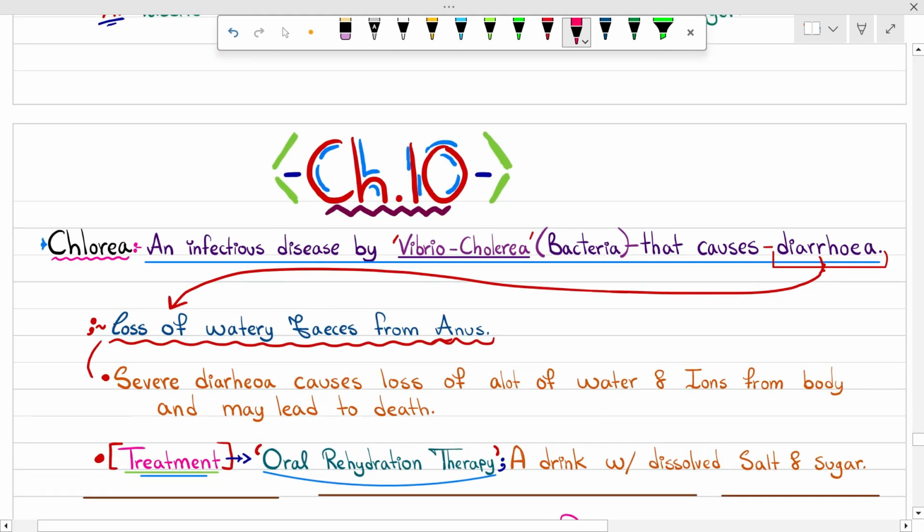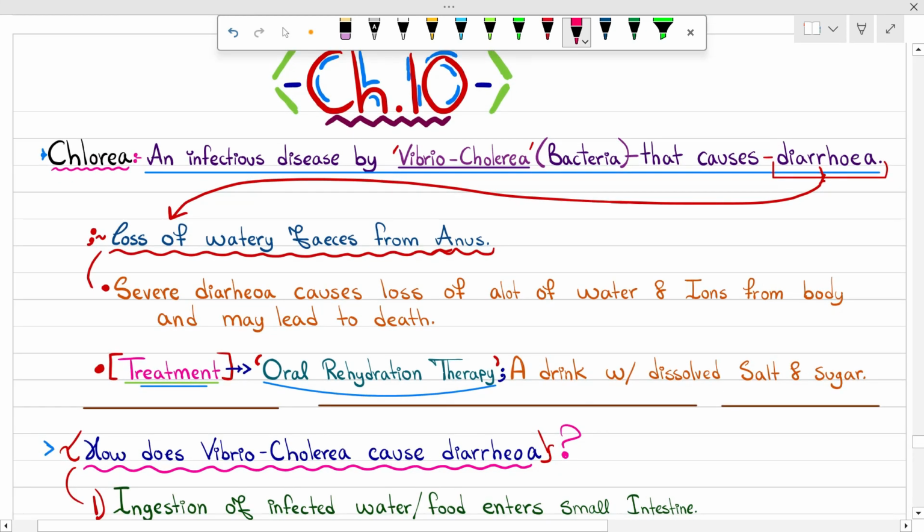That was all for active and passive immunity. The last part in this chapter is cholera. Cholera is an infectious disease that is caused by a bacterium known as Vibrio cholerae, which causes diarrhea. Diarrhea is the loss of watery feces from the anus.